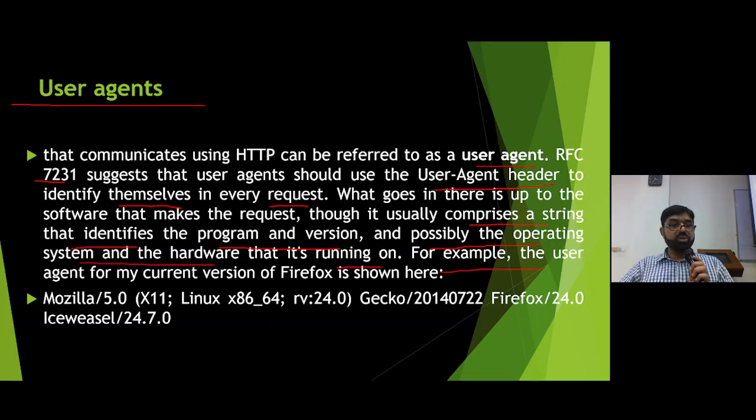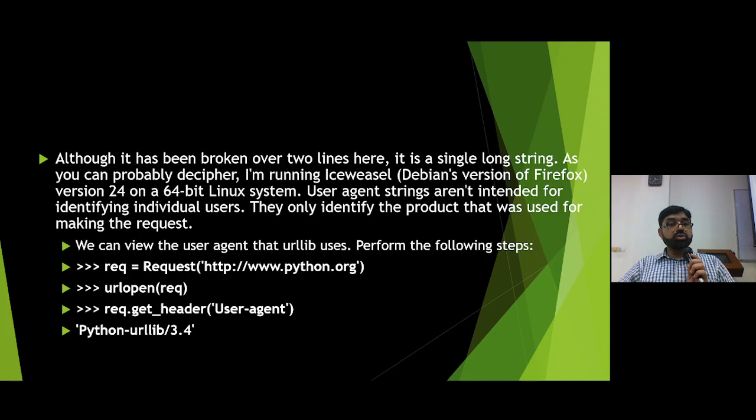For example, the user agent of the current version of Firefox is shown like this: Mozilla 5.0, X11, Linux, blah blah blah, and further details about this agent. Although it has been broken over two lines here, it is a single long string.